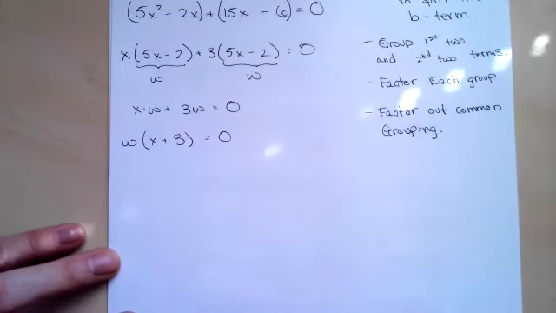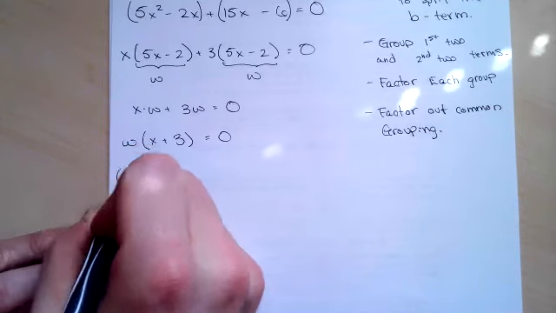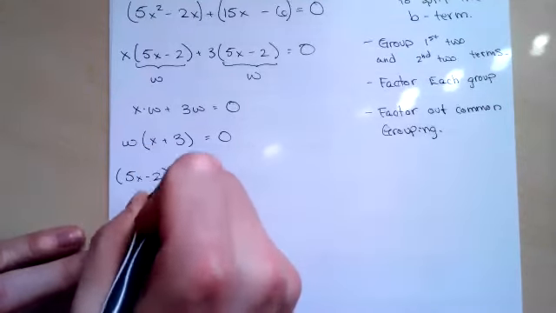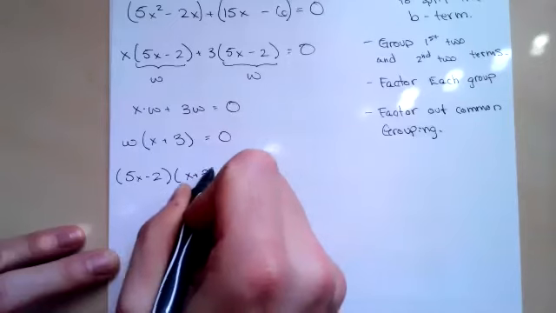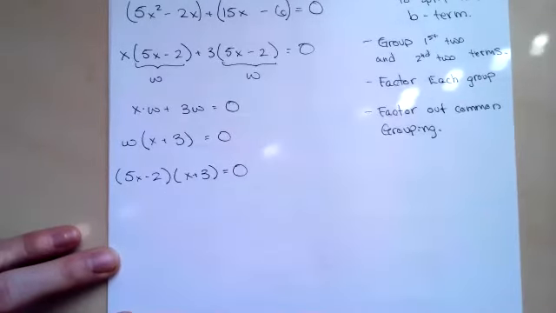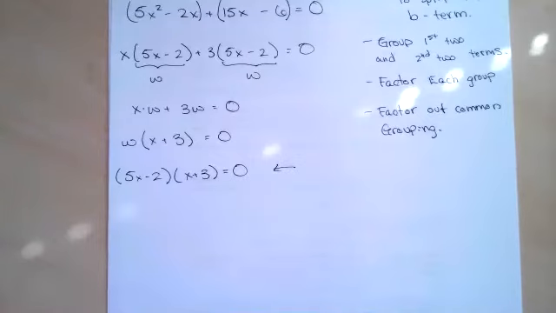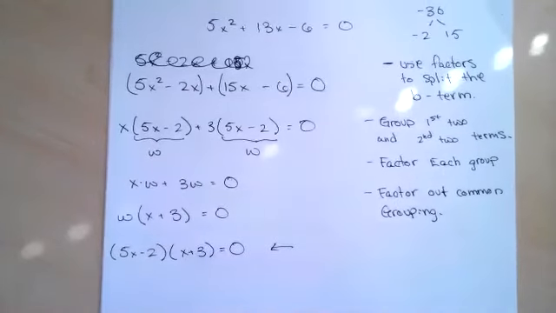And now back substituting, what was W? W was this grouping of 5x minus 2. And it's this line that we really want to get to, right? That is our factoring for that original polynomial.